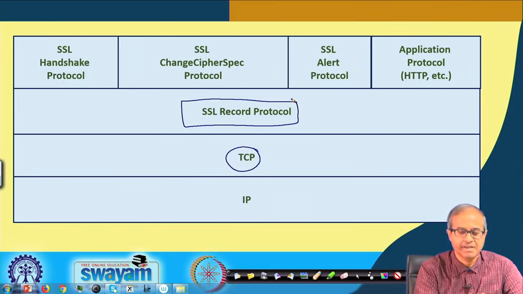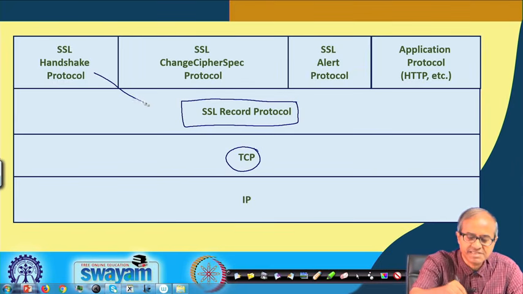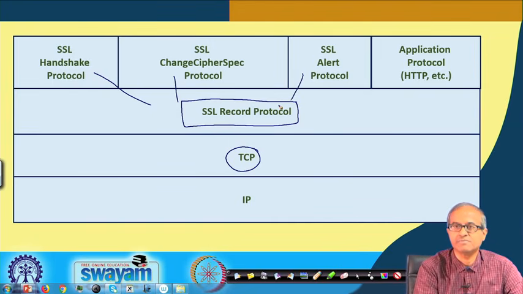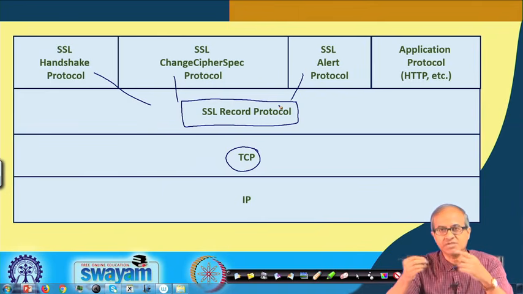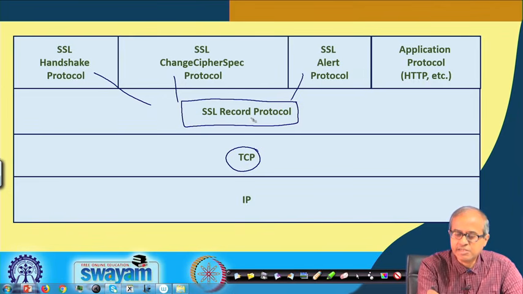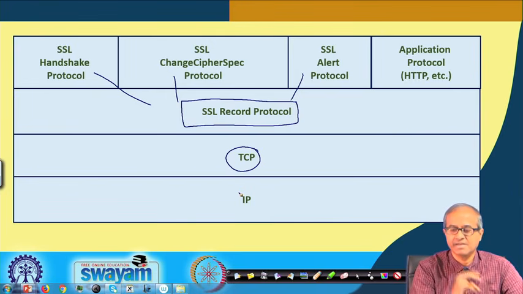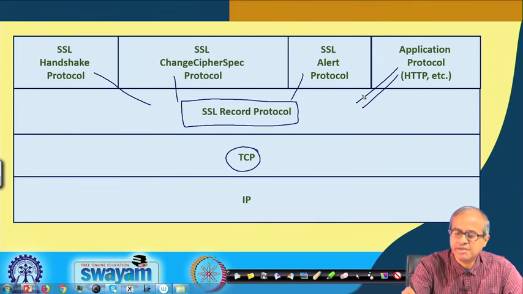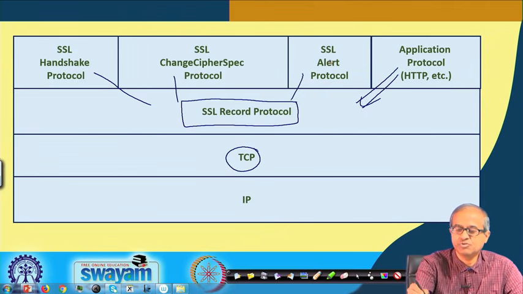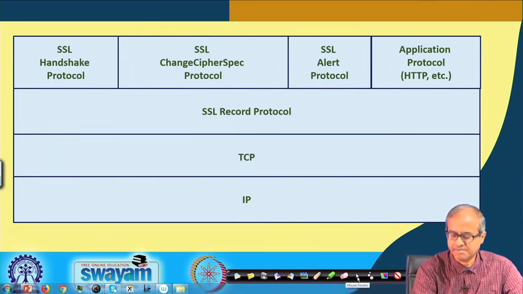On top of it you have the SSL handshake protocol, change cipher spec and alert protocols, which generate some messages required for establishing the connections. All of these go through the record protocol, so that they can all be encrypted and then sent. In addition, you can have your applications. Now, applications do not interact with these three, they interact directly with the record protocol. Okay? This is how the entire protocol stack for SSL looks.